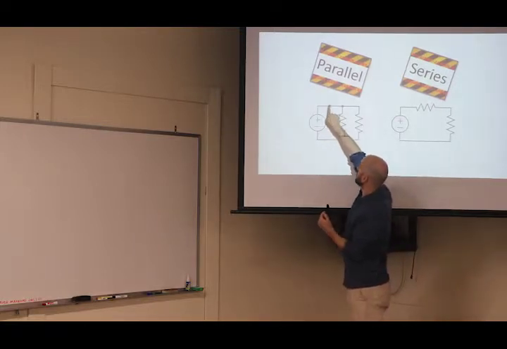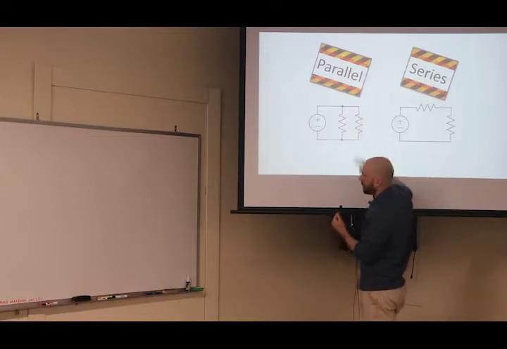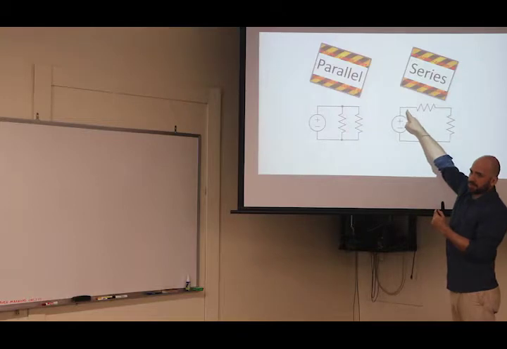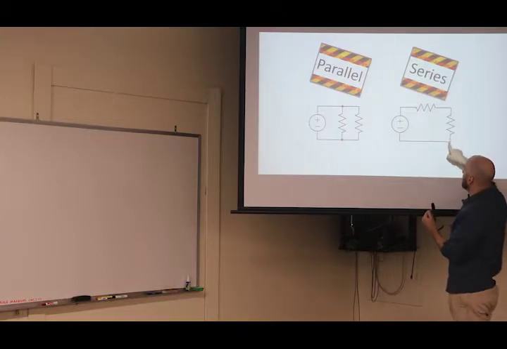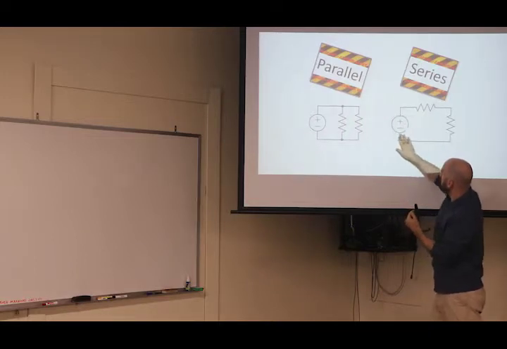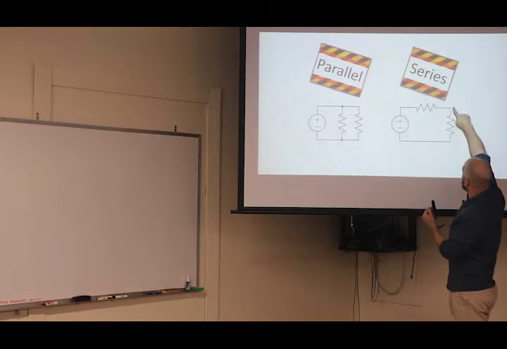You can follow a charge up here, it comes to this junction, and it has a choice of whether the charge is going to go through that one or that one. In a series circuit, you've got no choice. It's just going to pass through this and then pass through that. And what that means is that this is your 9 volt node, this is your 0 volts equipotential, and up here it's going to be something else, depending on what these resistors are.